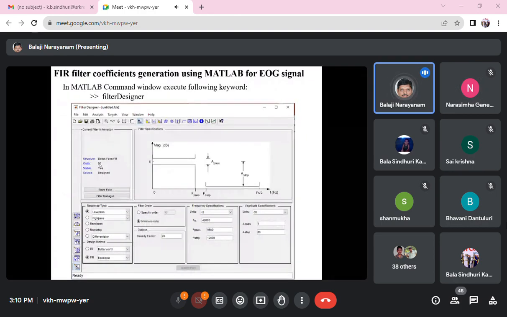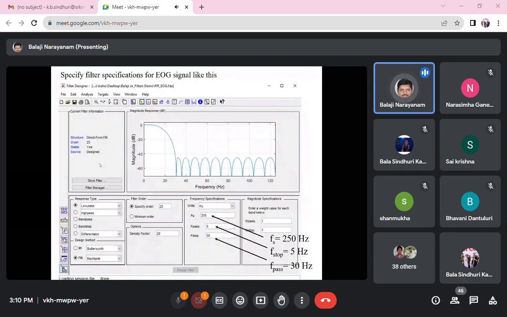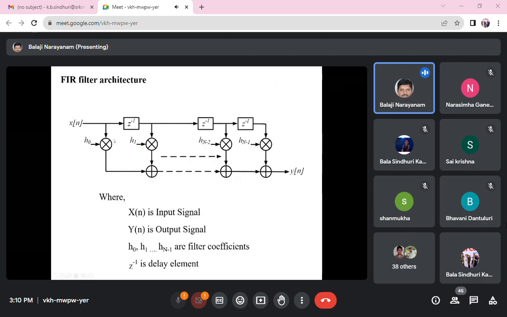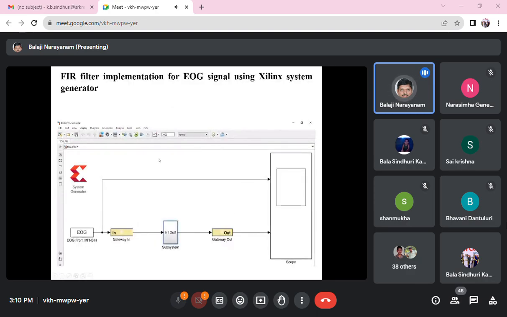So digital FIR filter implementation was clearly shown here. We have the FIR filter coefficients shown here, and then the FIR filter architecture. It's quite known to everyone. And the same FIR filter implementation is done using Xilinx system generator. We have a gateway in, this is the input, and there is a scope that gives you the waveforms.